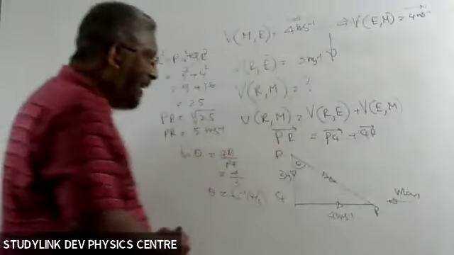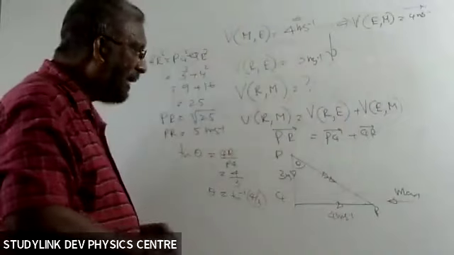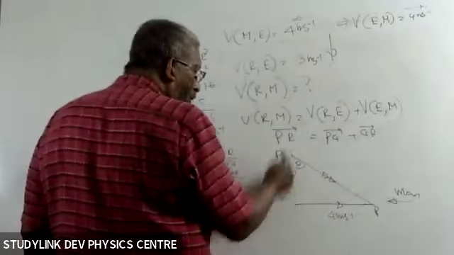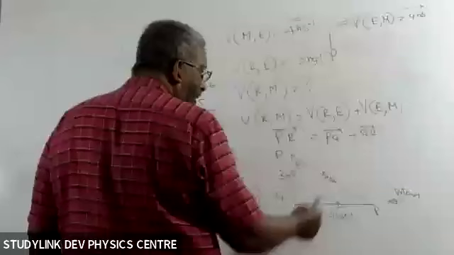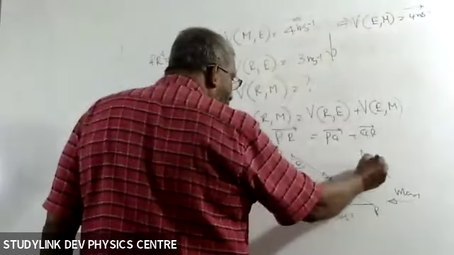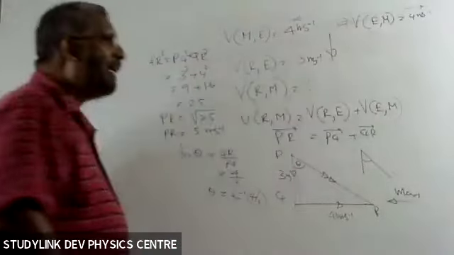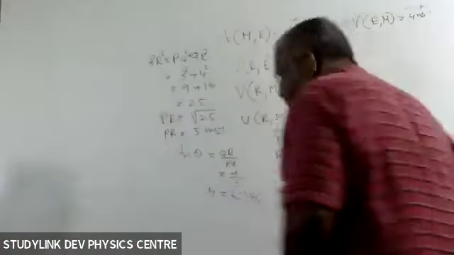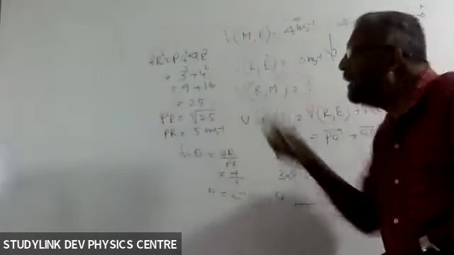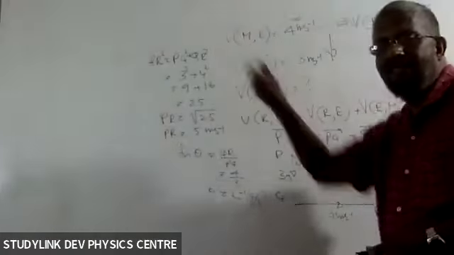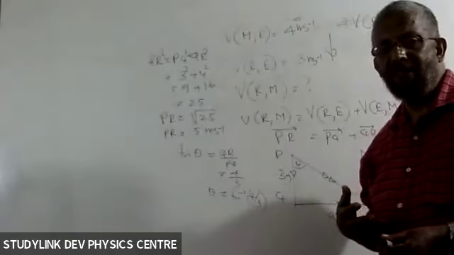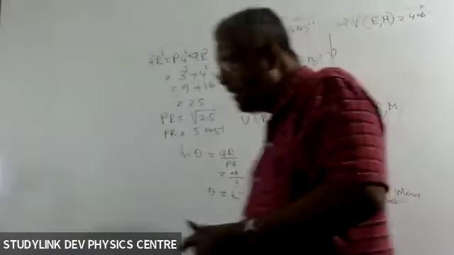The rain is coming towards him, making an angle of tan inverse 4 by 3 from vertical. So he can see, he is moving in this direction. We'll say this is the west. Rain is coming like this. Understood? Then do up to that.